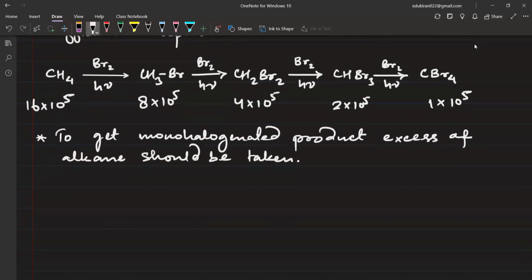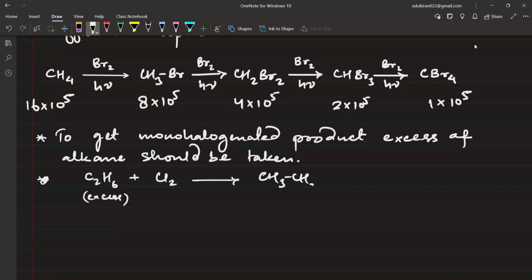So the reaction you can write, for example, if you have C2H6 plus Cl2, here the alkane will be in excess, then you will get CH3CH2Cl as the major product. You can write like this.